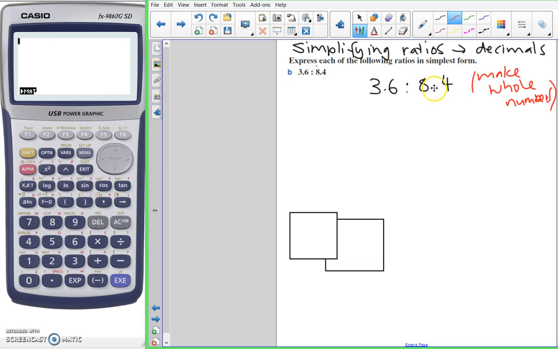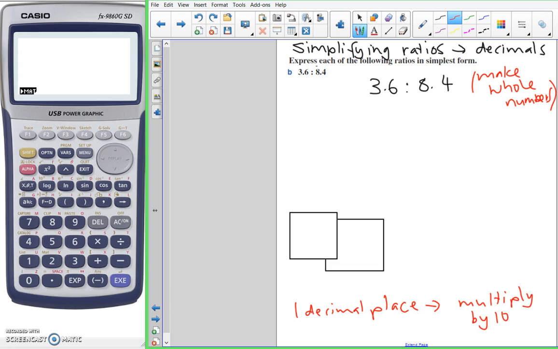Now, the way that we make these whole numbers is we have to multiply them by a unit of 10, 100, 1,000, those sorts of numbers. The way that we know how to do it is, if it's one decimal place, it's times 10.